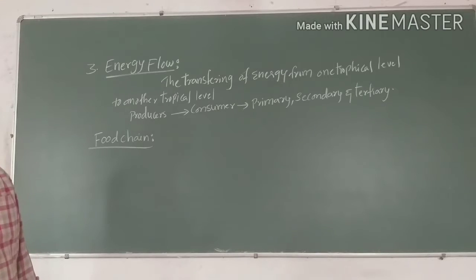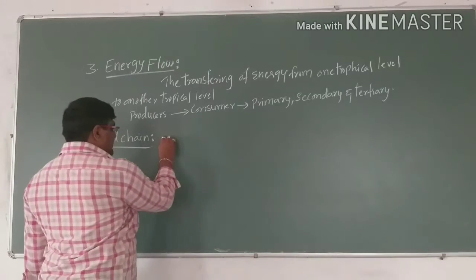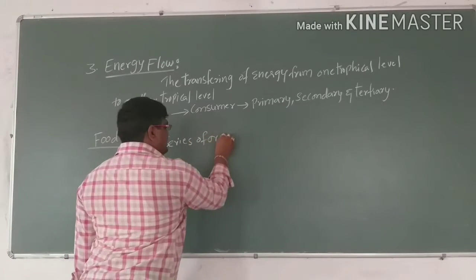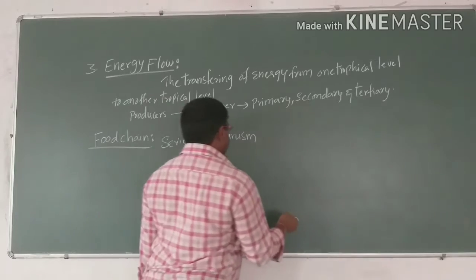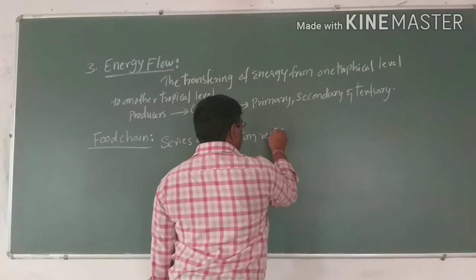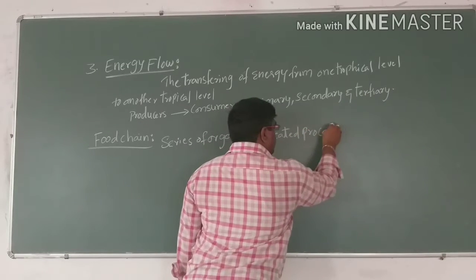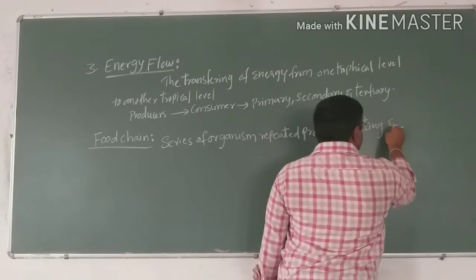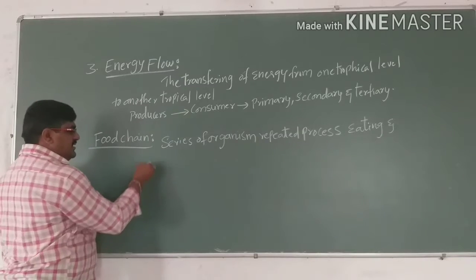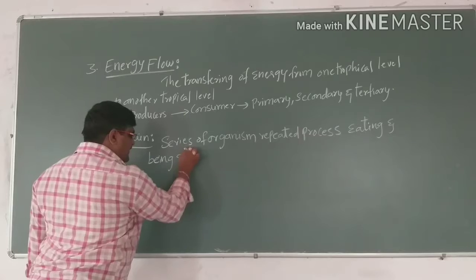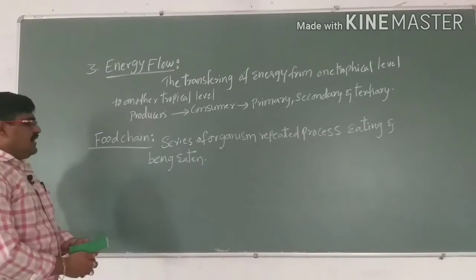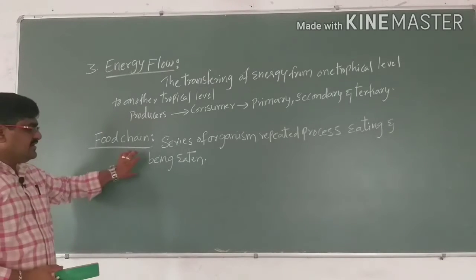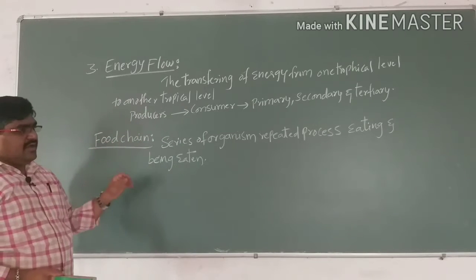So that is what we call a food chain: a series of organisms with the repeated process of eating and being eaten.